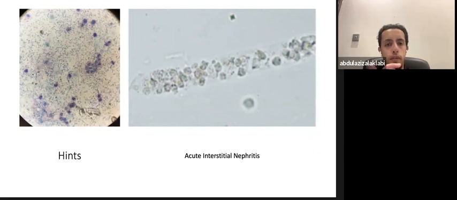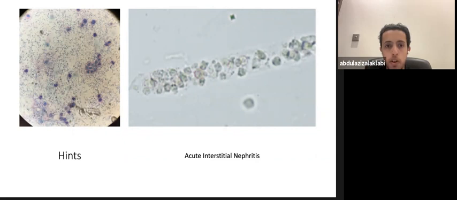You usually see fever and rash, okay, and urine eosinophils, okay, and as we said, urine eosinophils, blood eosinophils, and rash or fever within this onset.